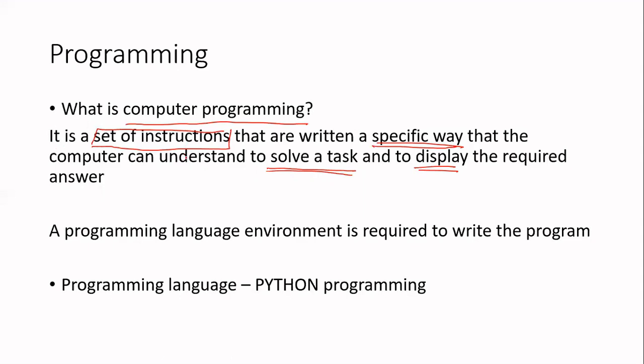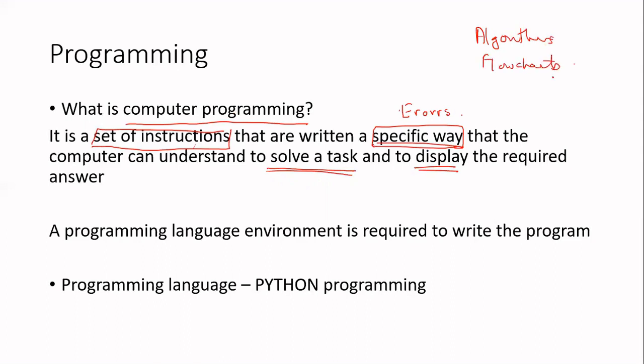Now, when you are writing these instructions, it must be in a very specific way that the computer can understand. And if the computer is not able to understand, then you end up with errors. That is why we did not start immediately with computer programming, and we first started with algorithms and flowcharts.